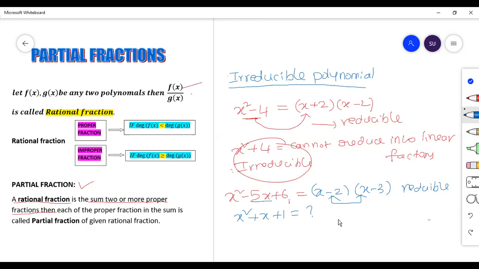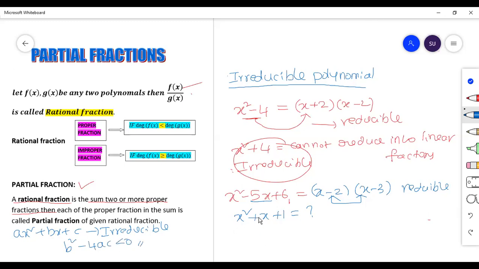So for that there is one point to discuss. If ax square plus bx plus c is an irreducible polynomial, then the condition is that the discriminant b square minus 4ac must be less than 0.